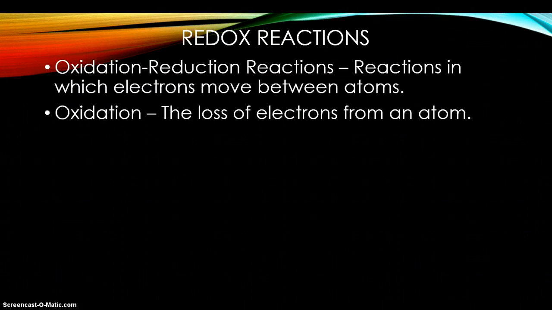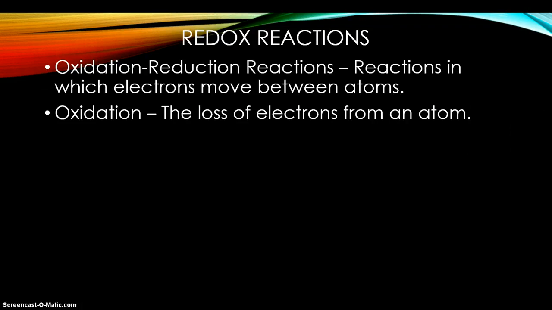Now let's define each of these terms. You have two terms, oxidation and reduction. Oxidation is the loss of electrons from an atom. It is not necessarily the fact that there's oxygen involved. And that's something that sometimes confuses students, or students get hung up on. If they see a reaction and there's oxygen in there, they assume that, oh, oxygen, that must be what's being oxidized. The two terms are not necessarily related.